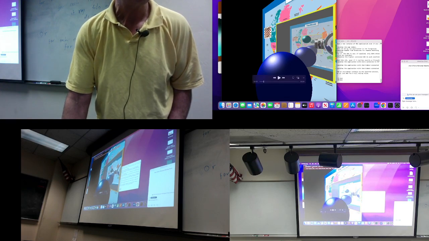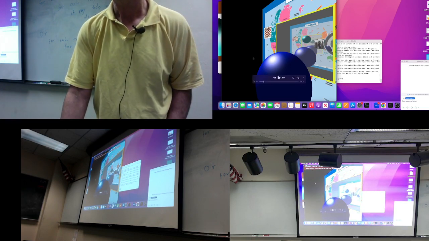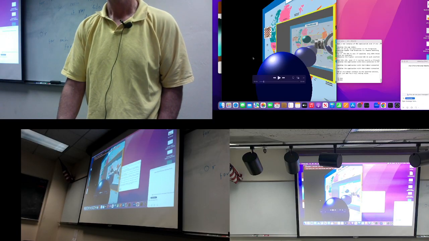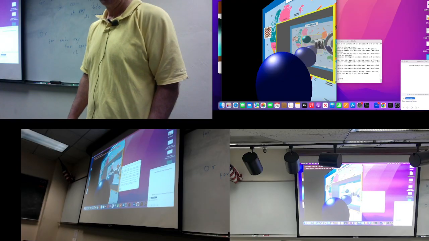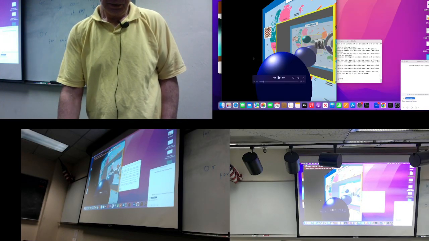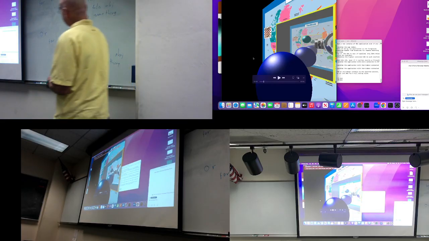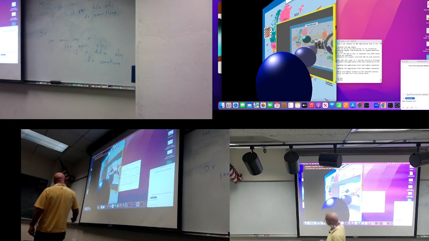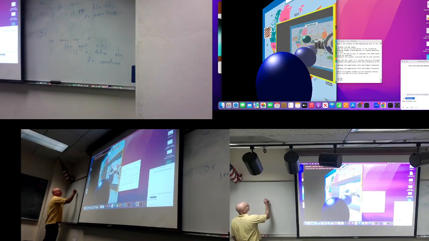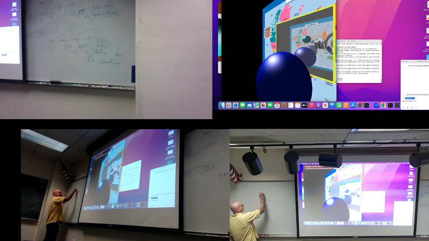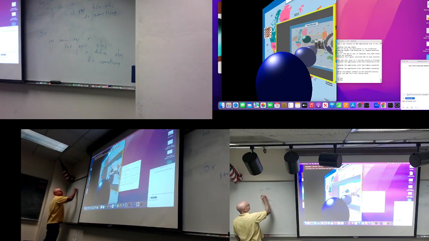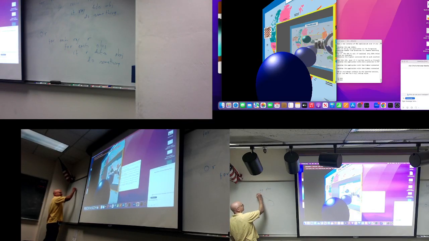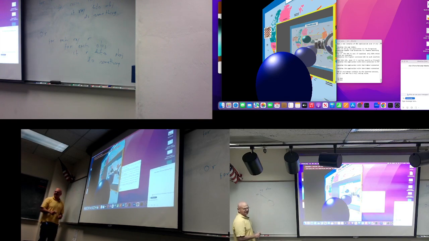That might be a hint. One of the parameters in homework 3 is the maximum depth. But why do I need it? So what do I do when a ray, here is my image plane, I generated from the eye a ray that goes through the pixel, and it hits a sphere.